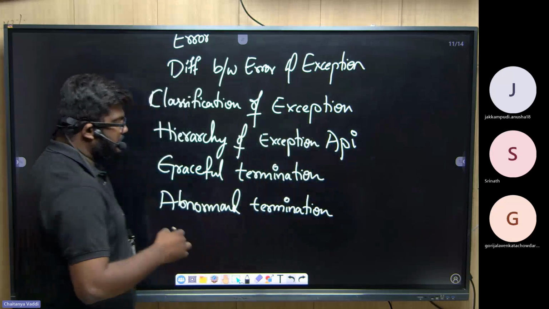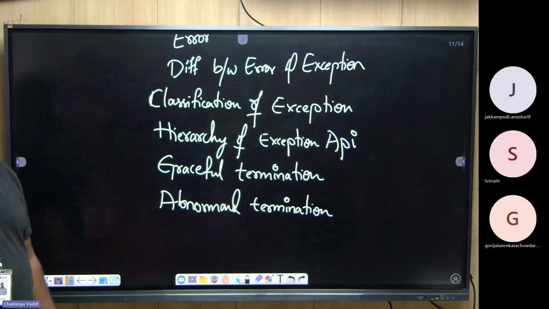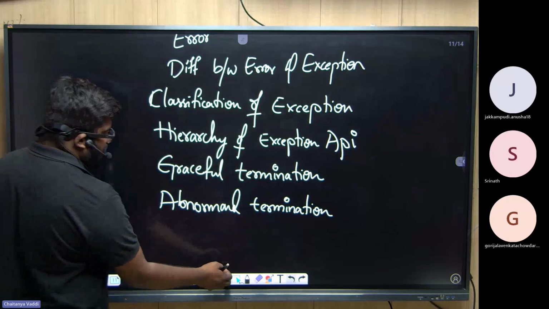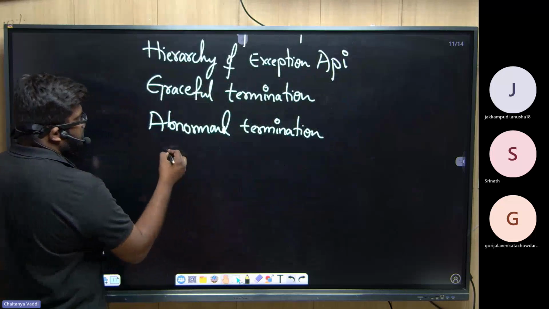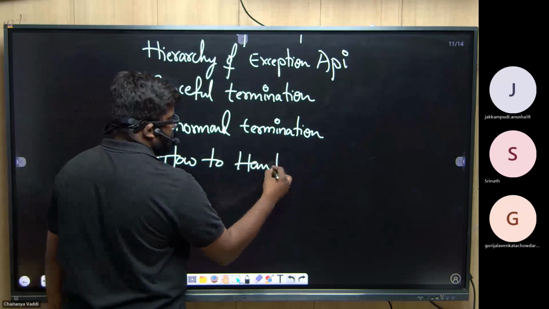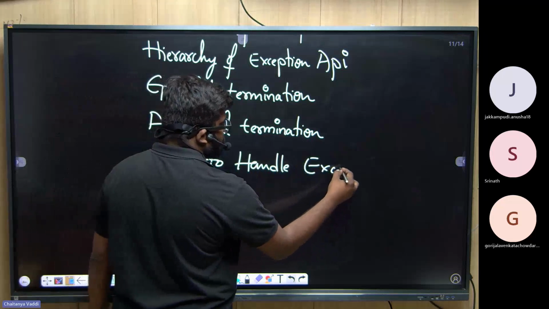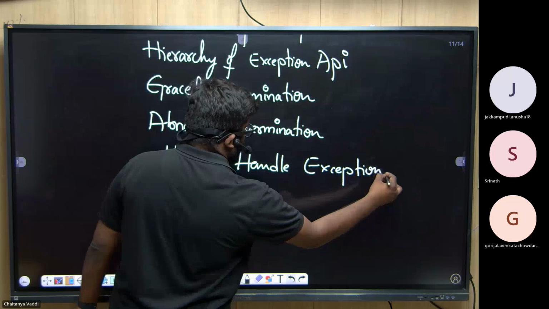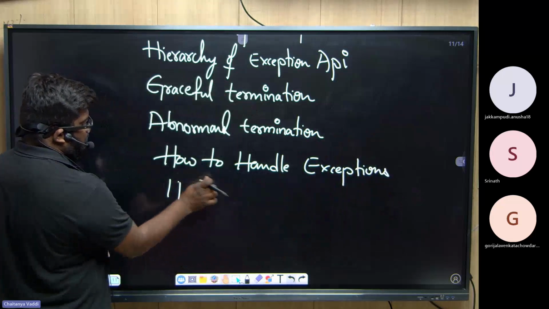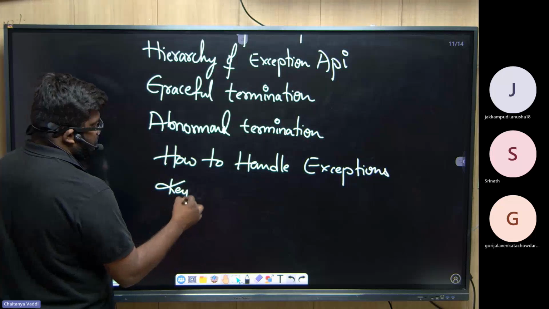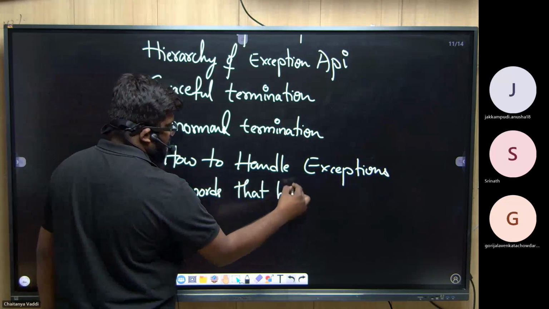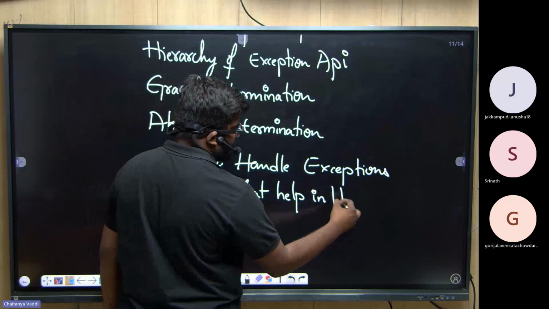So now specifically, we have to understand how we are going to handle the exceptions, right? There are a few things that are left. We have to understand how to handle exceptions, and the keywords that help in handling.